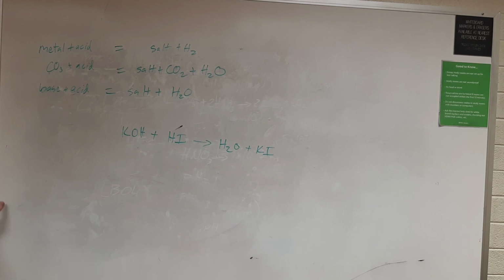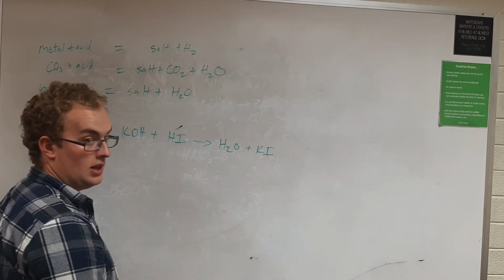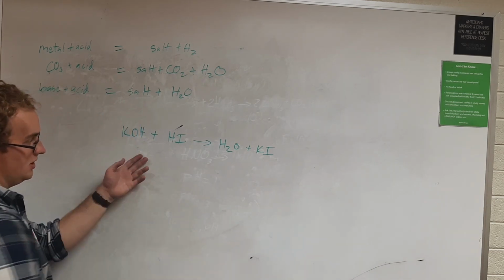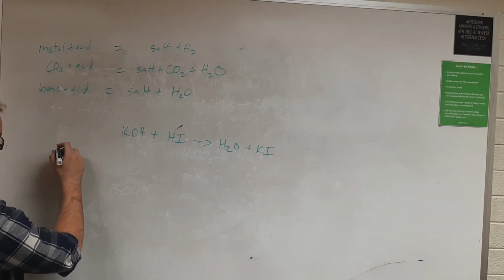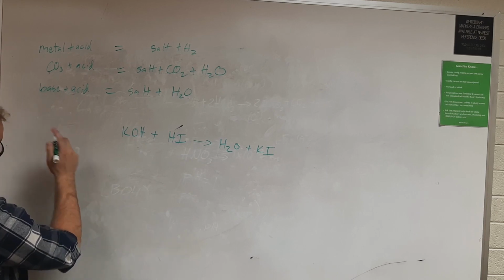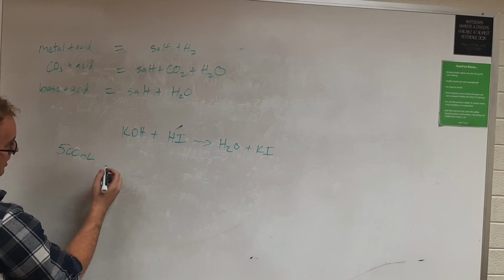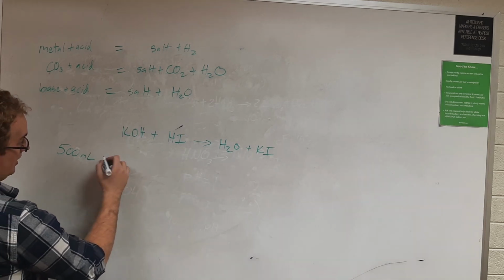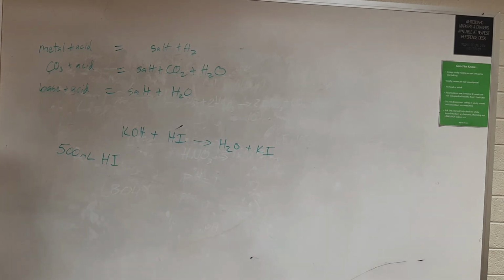Now you can do a little bit of practice to talk about how much of something you would need to neutralize. Like let's say we had this equation here, right? And let's say that we have 500 milliliters of a solution which had hydroiodic acid, right?